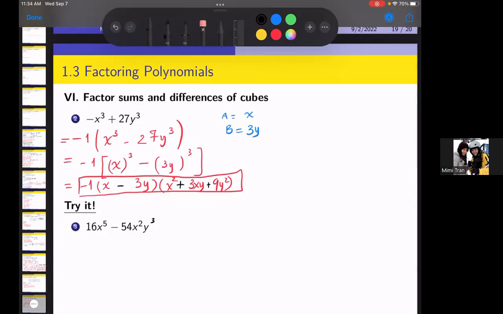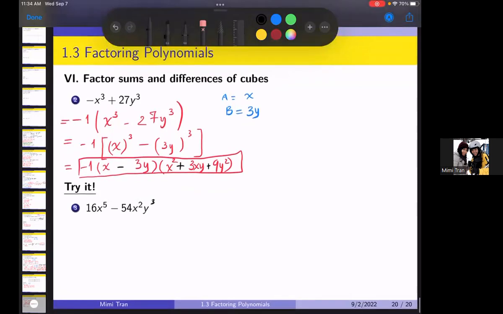GCF first, right? Even though on the exam you don't have to do the cube thing, if you factor out the GCF, I still give you a point. What's my GCF here? Very good, thank you. So what's left is 8x cubed minus 27y cubed.